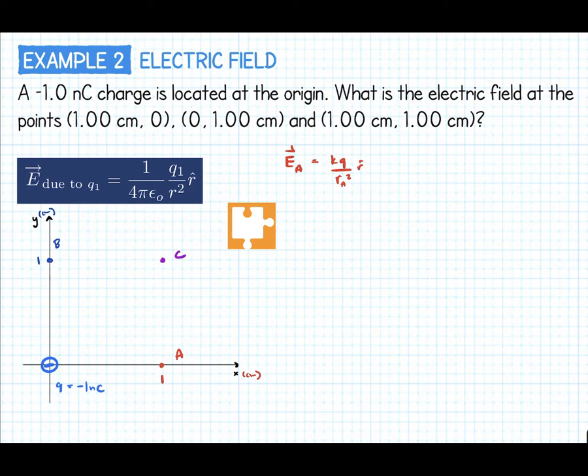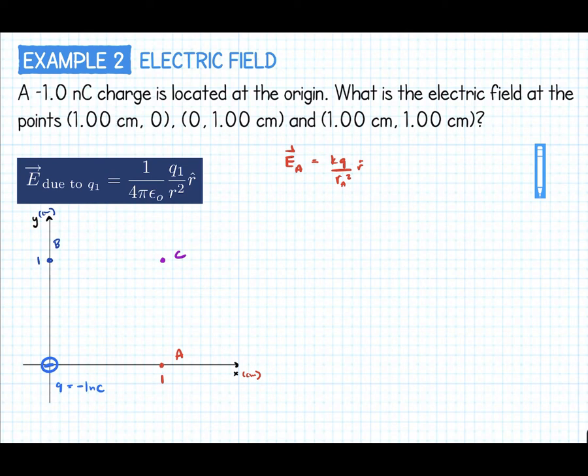So when we're drawing this out, this point at A, this is a negative charge, so that means that we have an electric field that points towards, if we want to think of our electric field at this point as a positive test charge, okay?